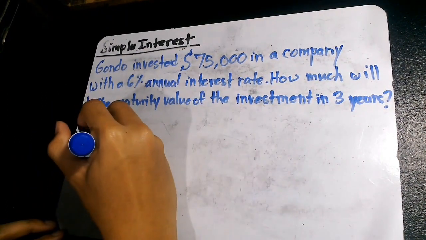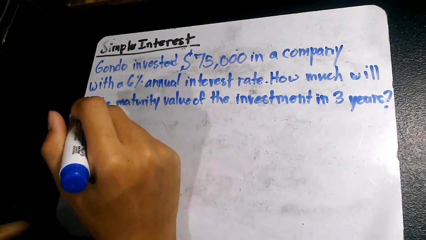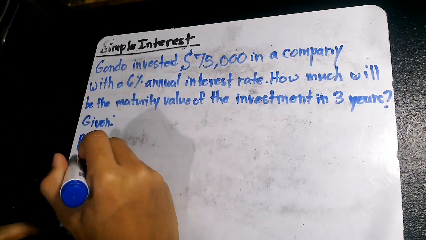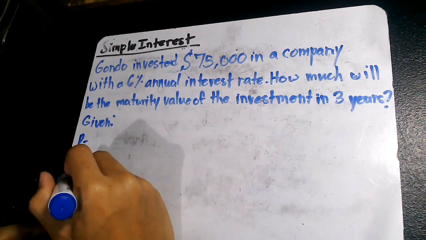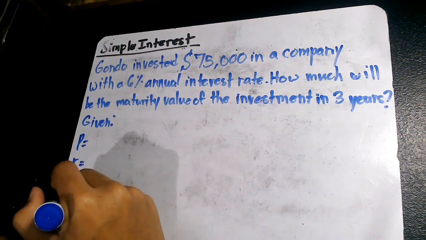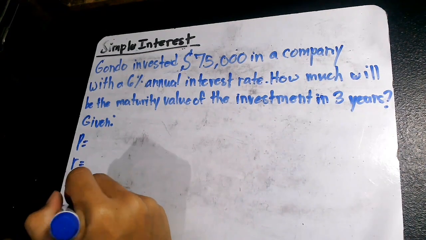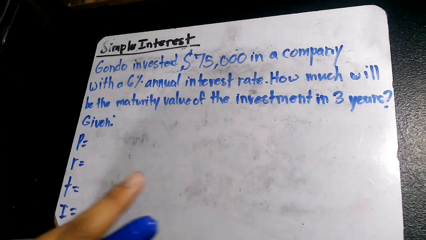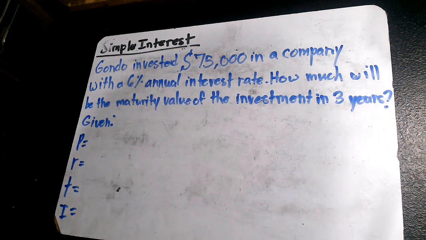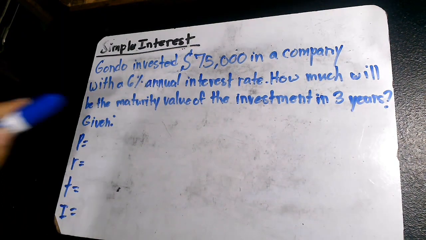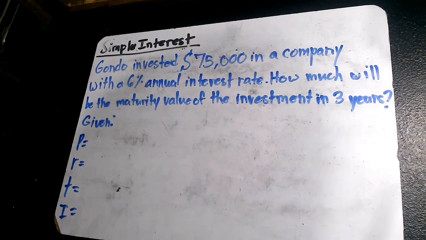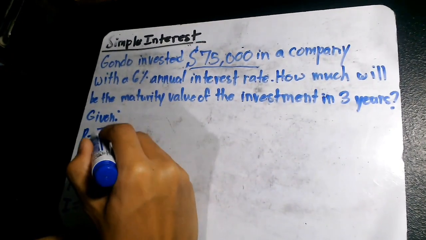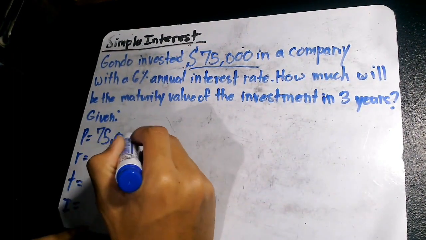We should first locate P, or principal amount, R for rate, T for time, and I for interest. Gondo invested $75,000 in a company. The principal amount is the amount he invested in the company, which is $75,000. So we will write it here, 75,000.